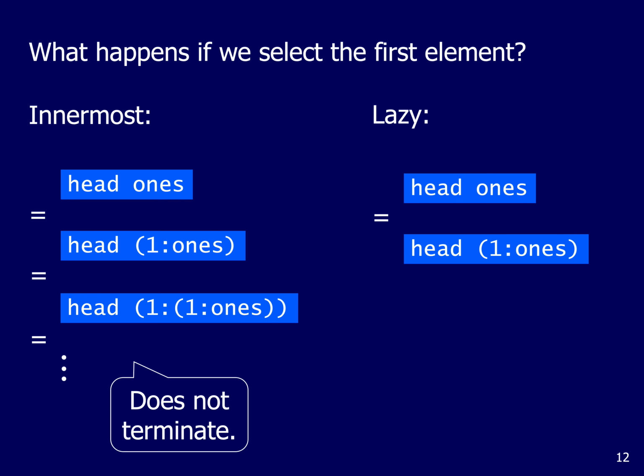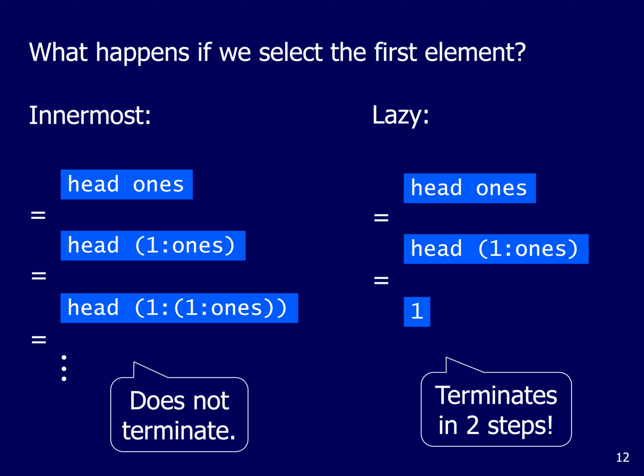That's the outermost thing that we can do. We apply the head function and simply get back the value 1. This time, rather than going into an infinite loop and not terminating, as we did on the left-hand side with innermost evaluation, using lazy or outermost evaluation this actually terminates in 2 steps, which is great.